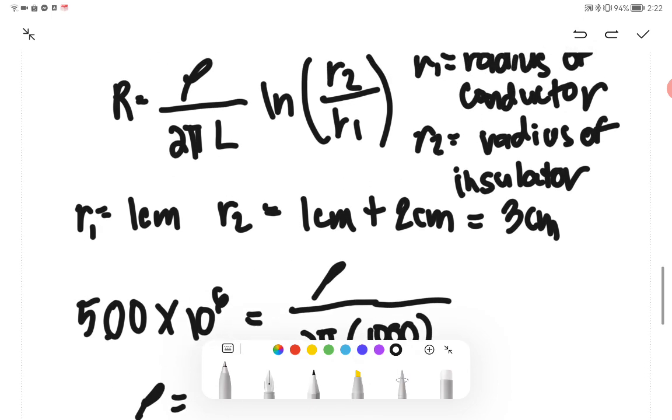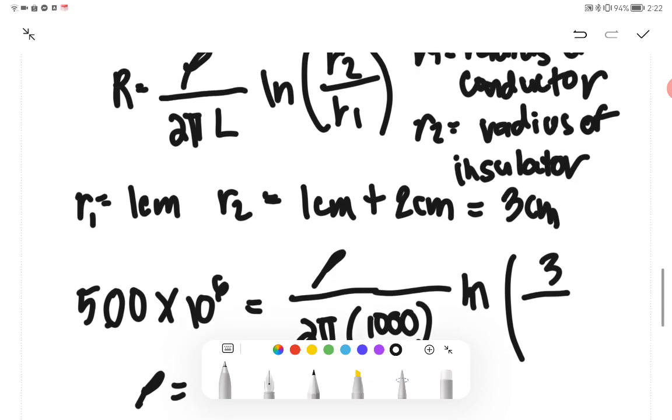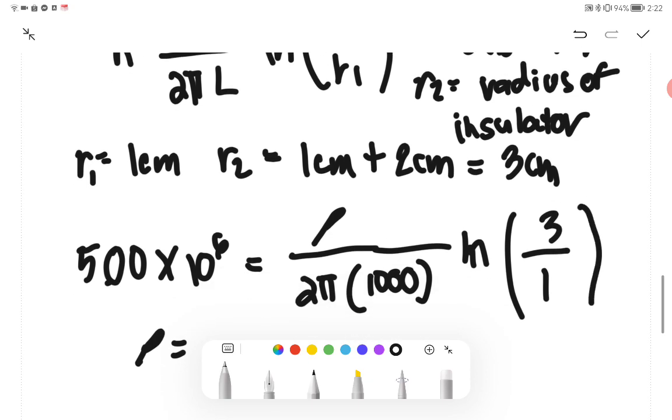We seem to forget something. We have ln 3 over 1, because this one is R2 over R1, right? Sorry, we have to do it again. 500 times 10 raised to 6 equals rho all over 2 pi 1000 multiplied by ln 3.